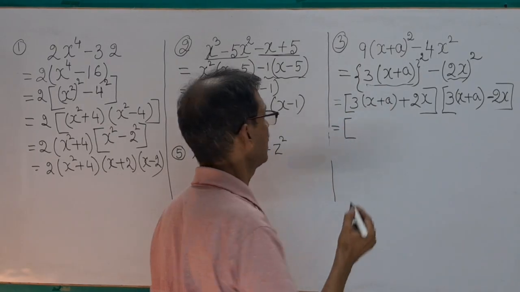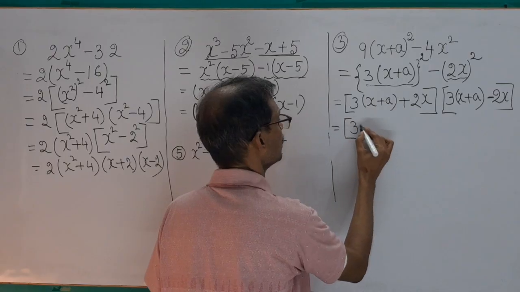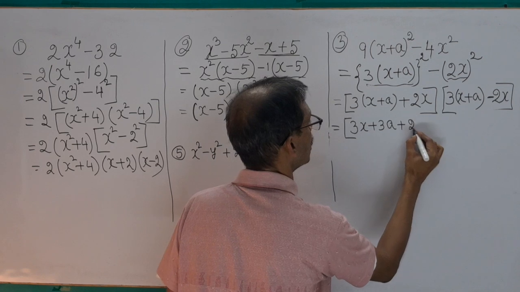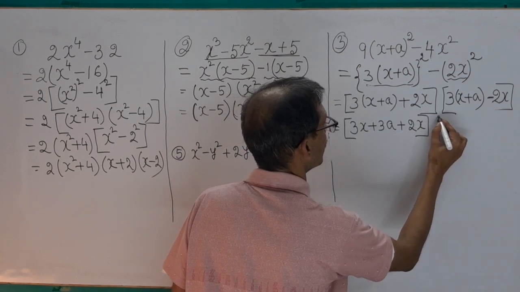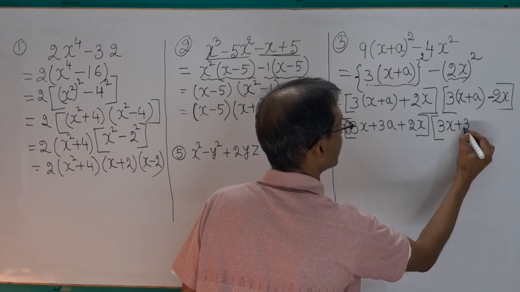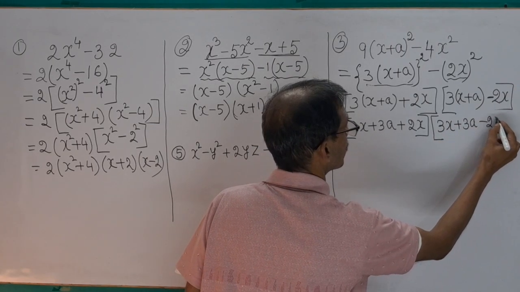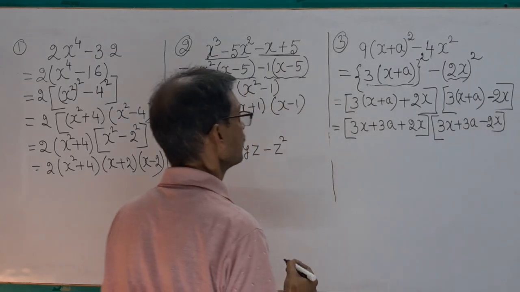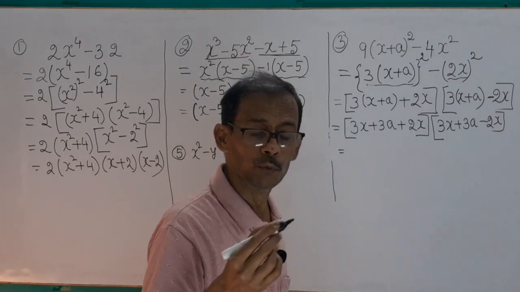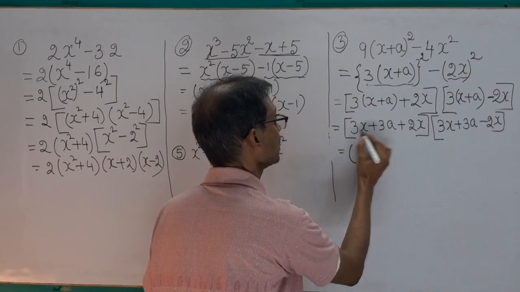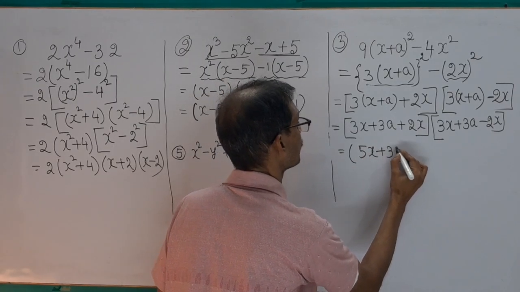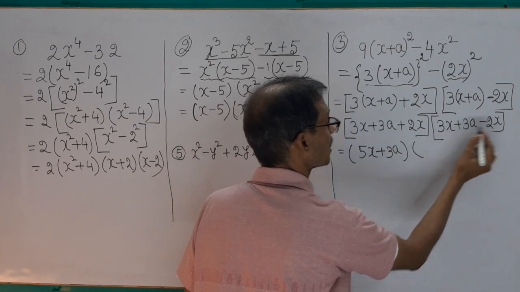3 into x plus a, 3x plus 3a, 3x plus 3a plus 2x into again 3x plus 3a minus 2x, bracket closed. Now you can see the like terms here, 3x and 2x both are like terms. So you can do 3x plus 2x, 5x plus 3a into 3x minus 2x.